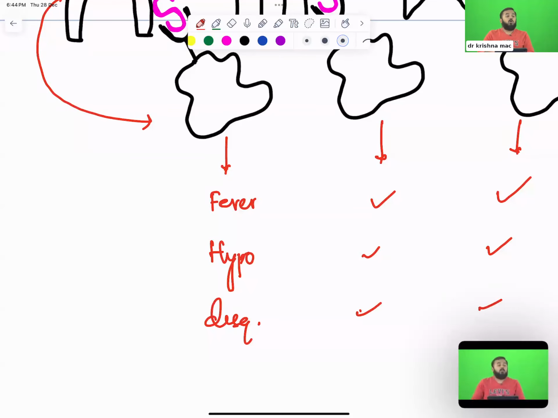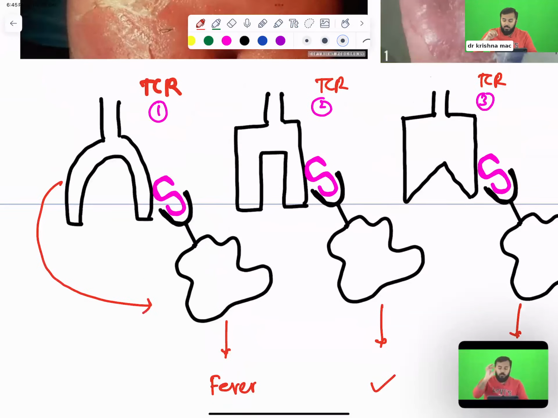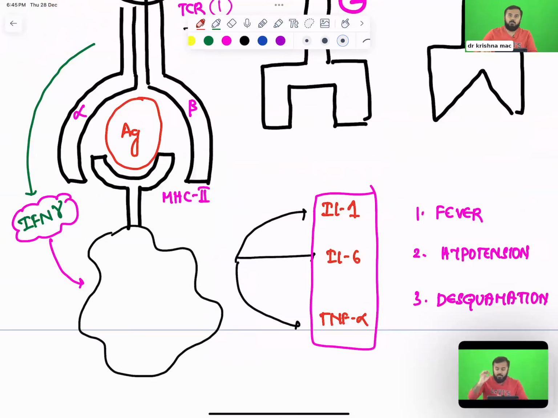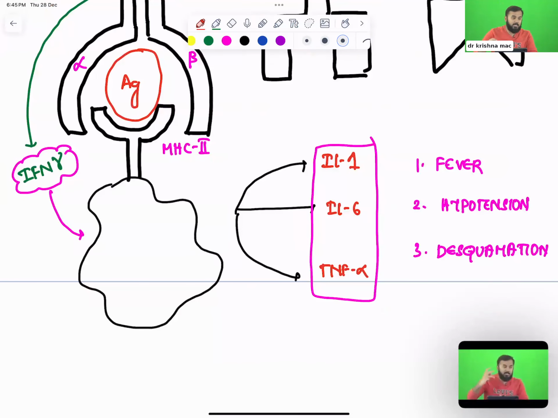What I'm trying to tell you is that pehle only one group of T cells used to be activated. Now in your body, let us say there are 8 groups or 10 groups of T cells, all of them will be activated. When all of them are activated, there is massive activation of your immune system, ki wajah se there is massive release of these 3 important cytokines: interleukin 1, interleukin 6 and TNF alpha.